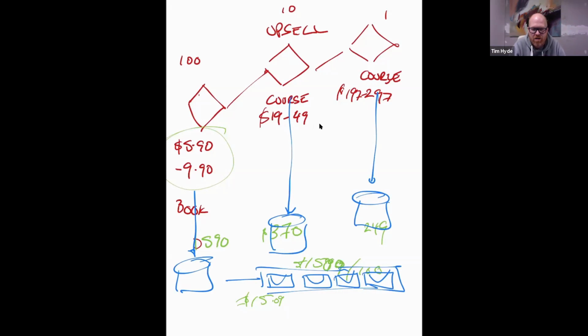So the goal is not to make money from this sequence. The goal is to fill your database with as many leads as you possibly can, because the more people are in here, we've got another 90 people who at some point in the next 2 years will buy this course. We've got another 9 people here who at some point will buy that course.